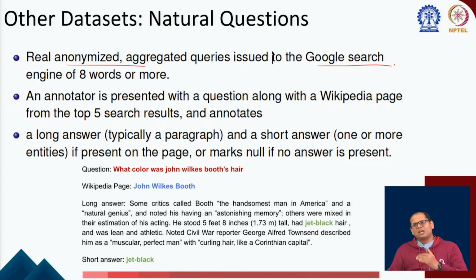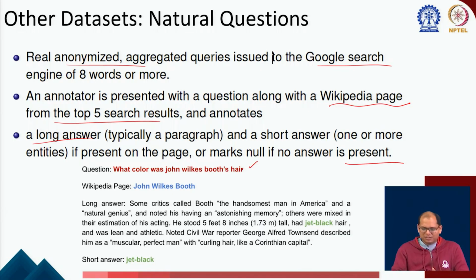The annotator was given the Wikipedia page from the top 5 search results and the question, and annotates a long answer for the question and also a short answer, right. And if the paragraph does not contain the answer, the annotator marks that it's not present. Right? So that's the idea.